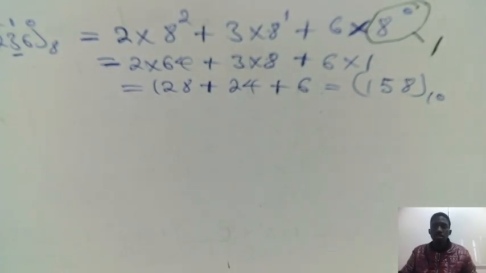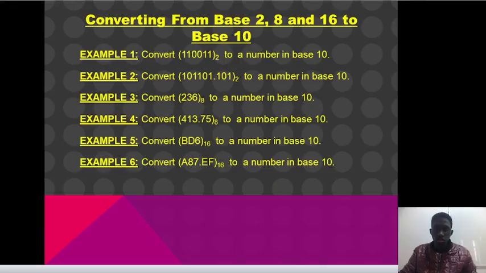So now we know this, let's move over to example 4. In example 4, we're asked to convert 413.75 base 8 to a number in base 10. Basically, we're just using the same process as in base 2, but the 2 will change to 8.